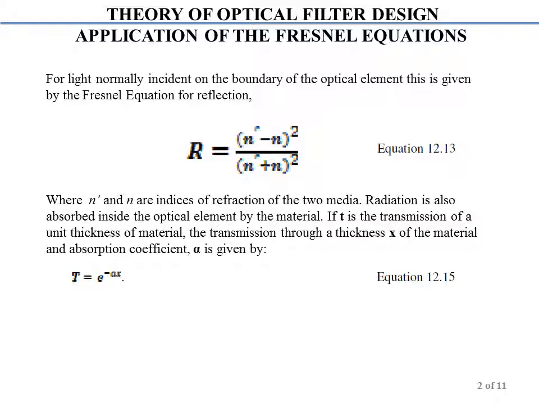Now, radiation is also absorbed inside the optical element by the material. So if there were a thickness x of the material, and an absorption coefficient of the material alpha, what would be the transmission is e to the minus alpha x.